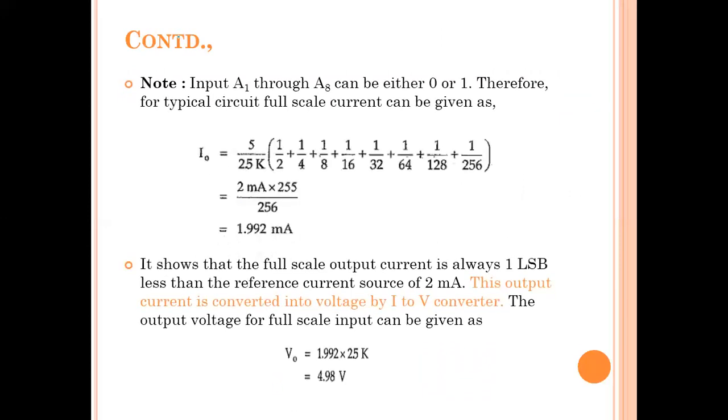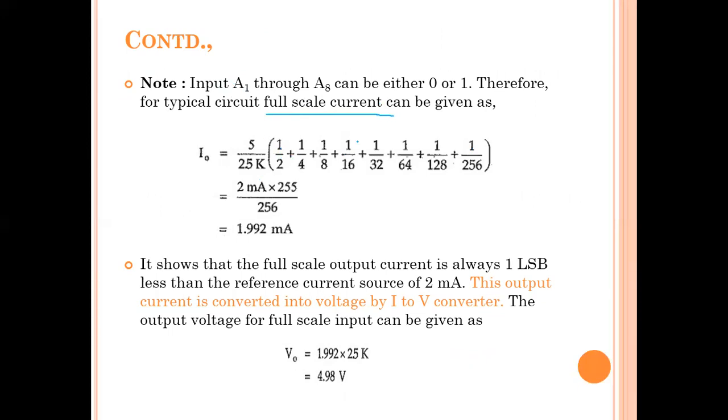this is the calculation of output current for a given full scale reading. Here we have shown a full scale current reading, that means all the switches will be connected to high, so all the bit positions will be equal to 1.